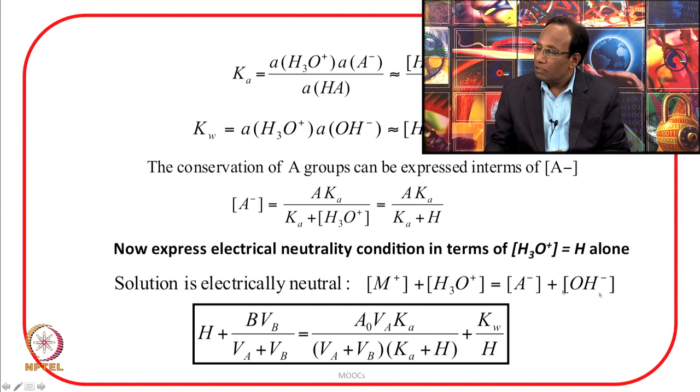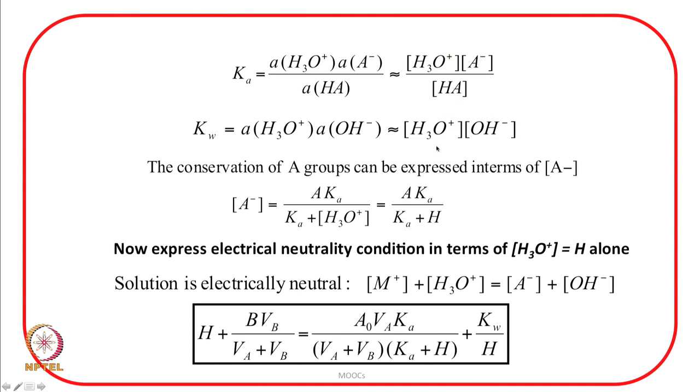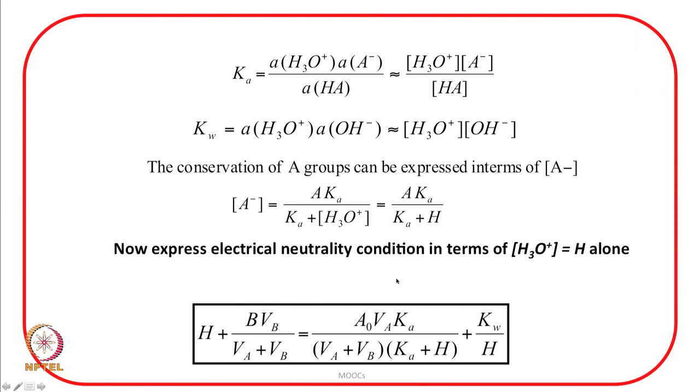For example, A minus is A times Ka over Ka plus H, and OH can be written in terms of Kw divided by H, and M plus can come from the previous discussion.